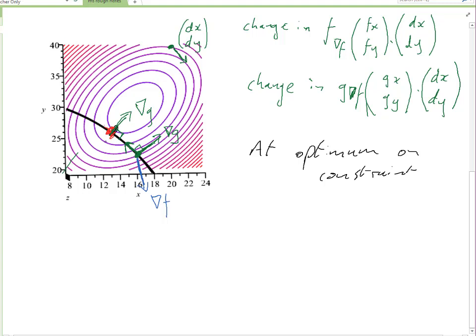So if this is at 90 degrees to this, and this is at 90 degrees to this, the conclusion is that this is 90 degrees, this is 90 degrees. These two are on a straight line, they're parallel.